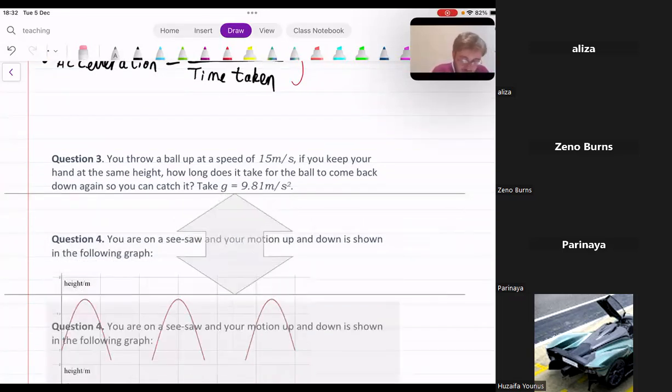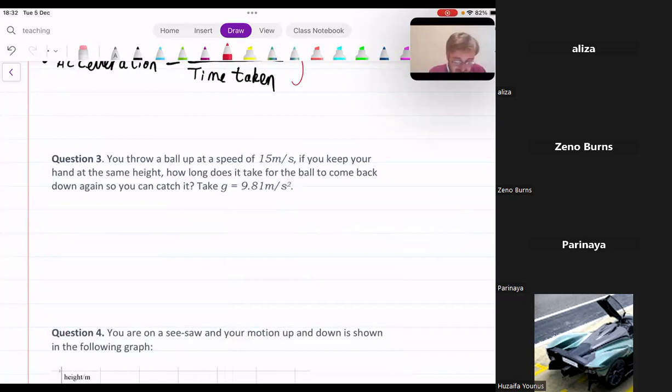All right, let's move on to question 3. One of the questions was, yes, just changing the direction of travel does result in acceleration.